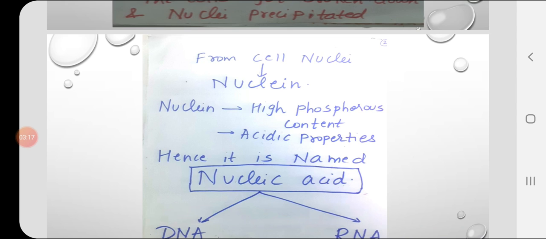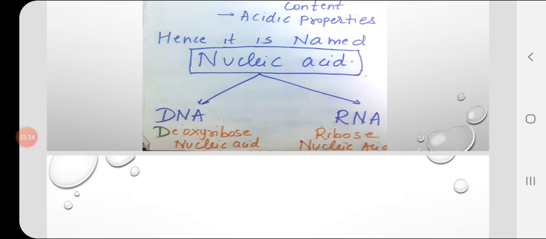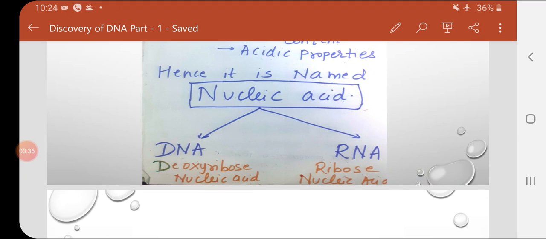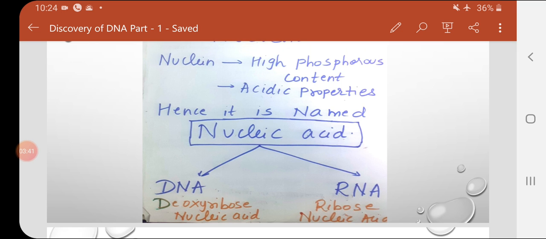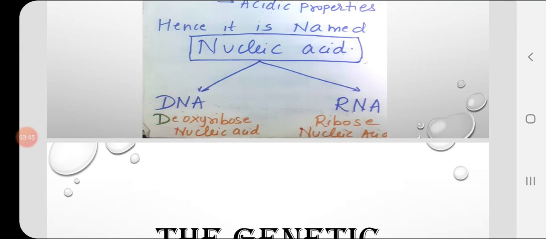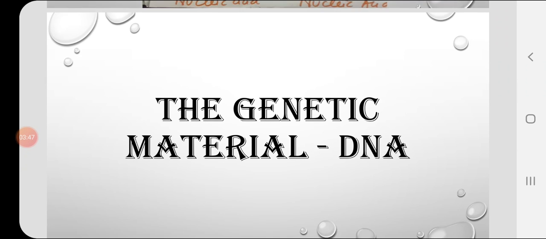Hence, it was named nucleic acid. Nucleic acids are of two types, DNA and RNA, deoxyribose nucleic acid and ribose nucleic acid. Both are the genetic material.